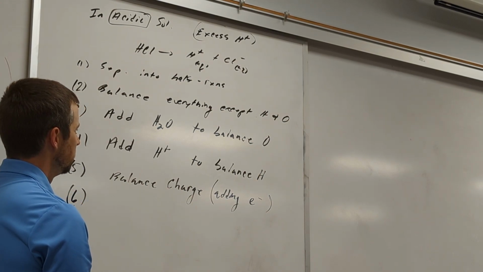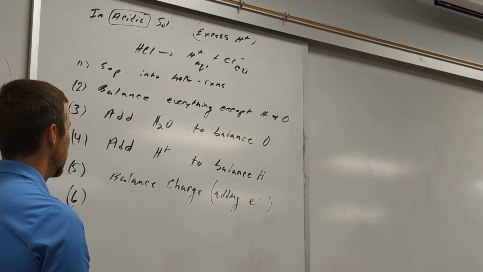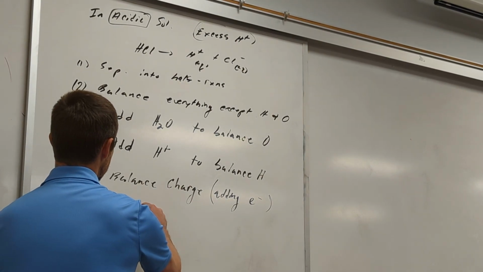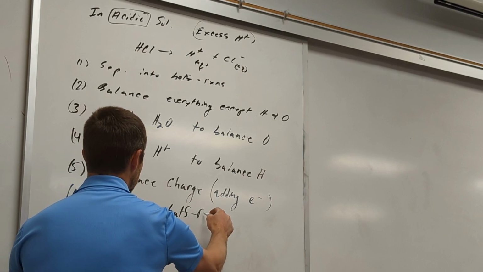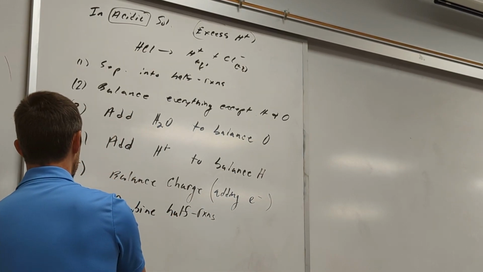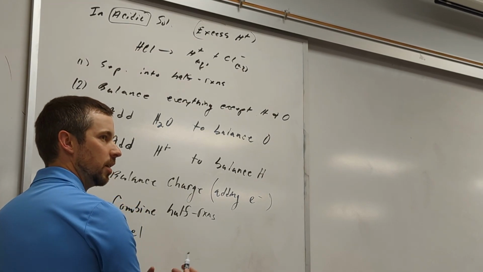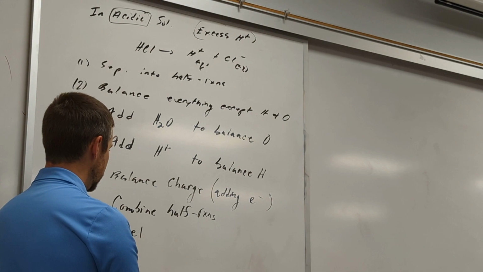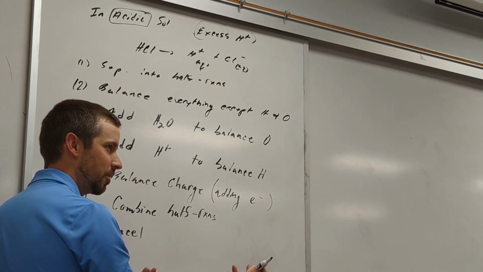Does one say separate into half reactions? Yeah. Balance charge, adding electrons, combine half reactions. I don't know, what do you say here? Cancel stuff? Can I say stuff? Because stuff could be anything.